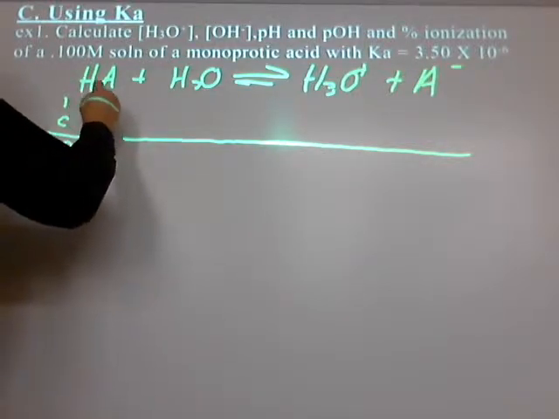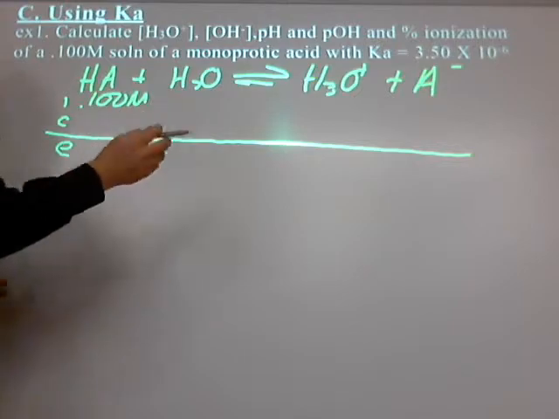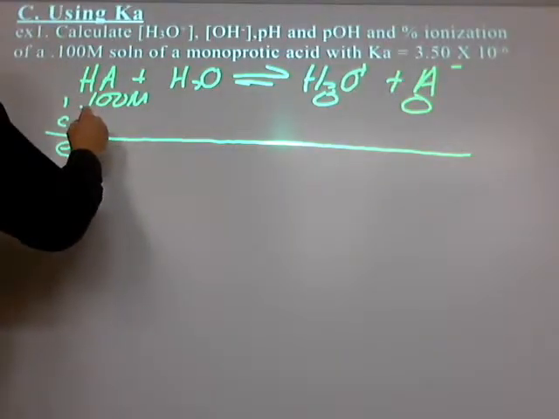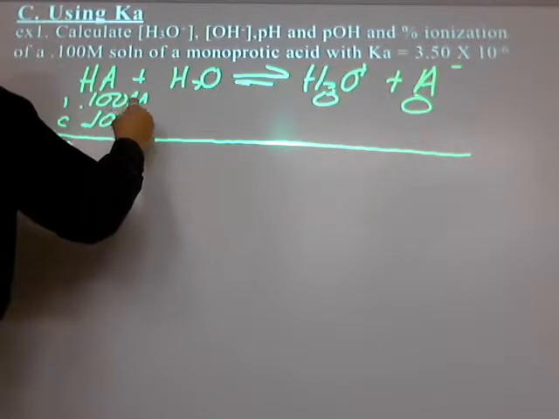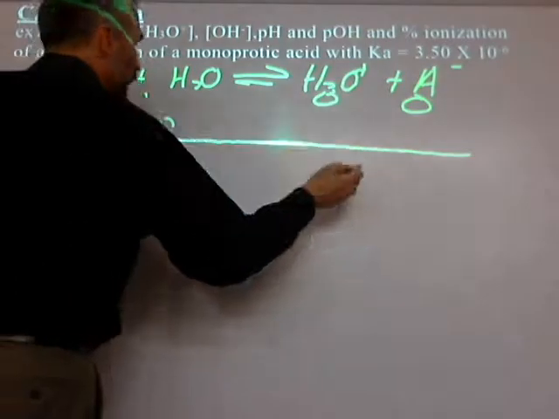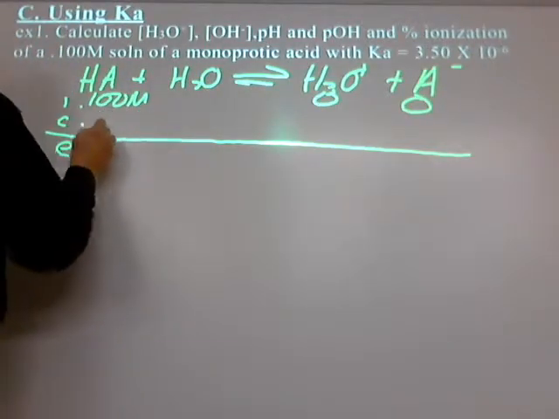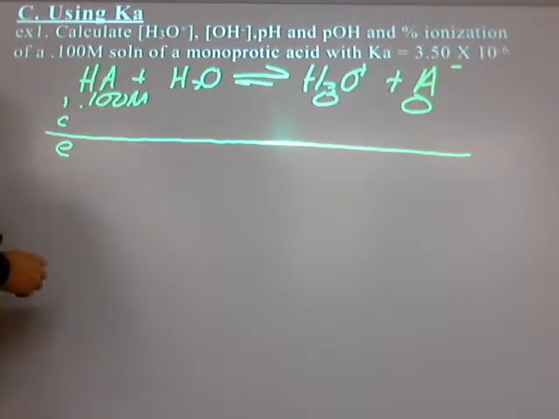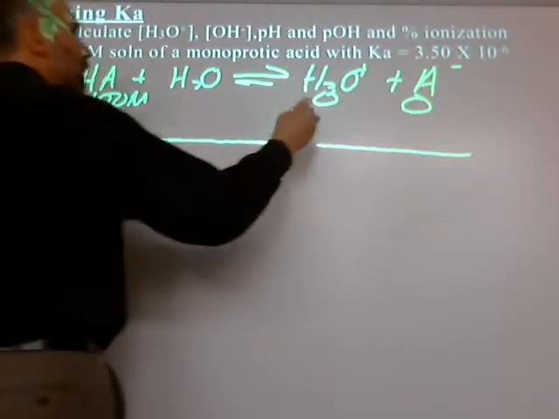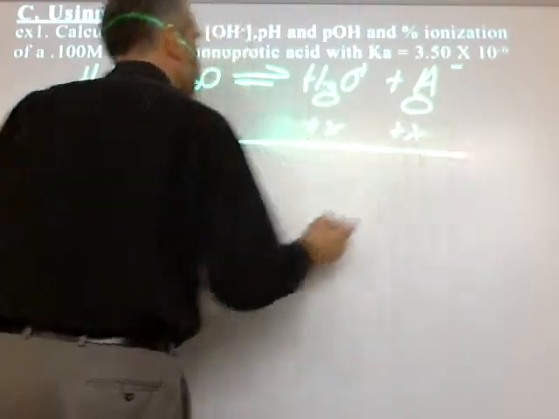My initial concentration is 0.100 molar of that. I don't care about water, it's constant anyway, 0 and 0. This should all be very familiar to you by now. 0.100 molar of this minus, sorry, getting ahead of myself. Minus X, plus X, and plus X.